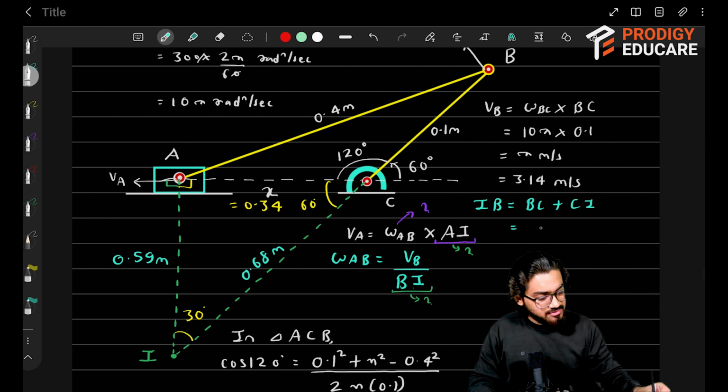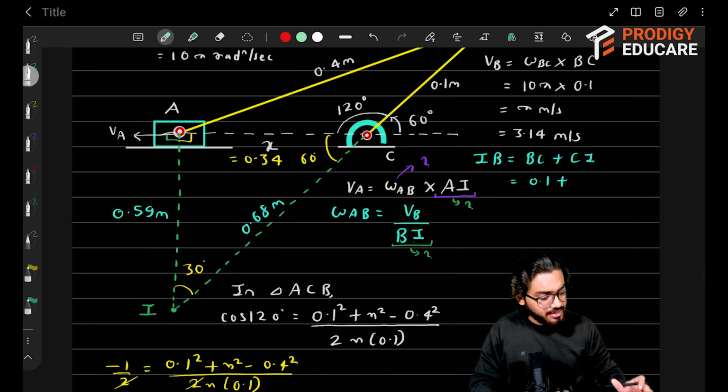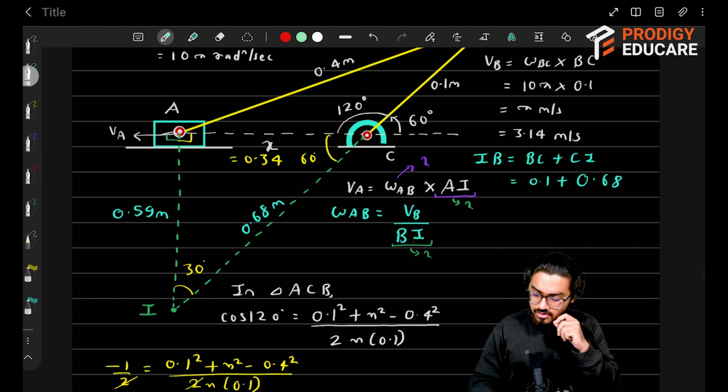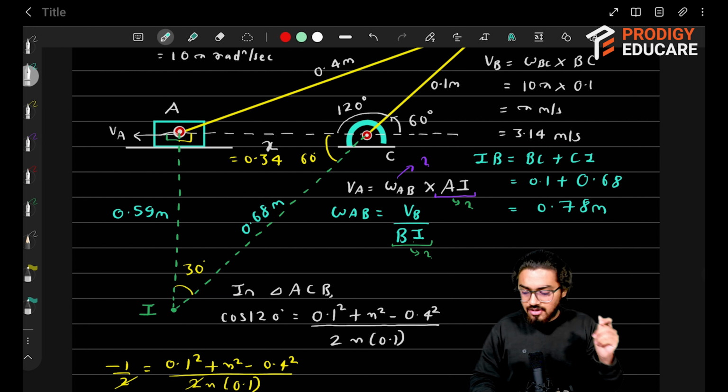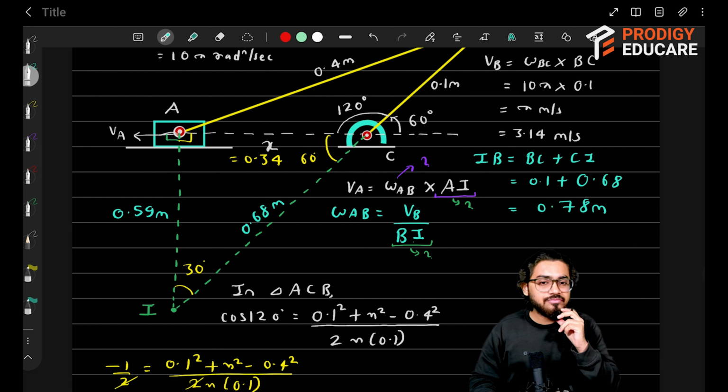The value of BC is already given, 0.1 meters, plus the value of CI, which we evaluated, 0.68. So your answer is 0.78 meters. This is your value of IB.